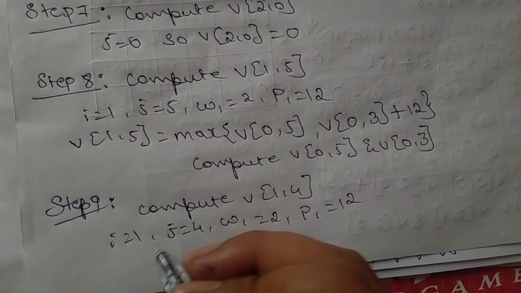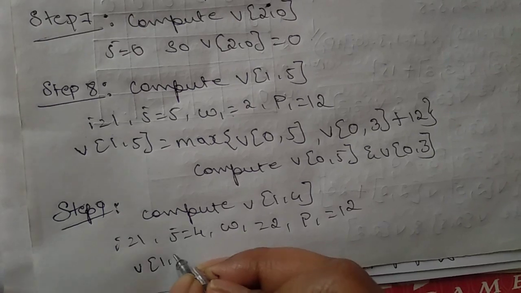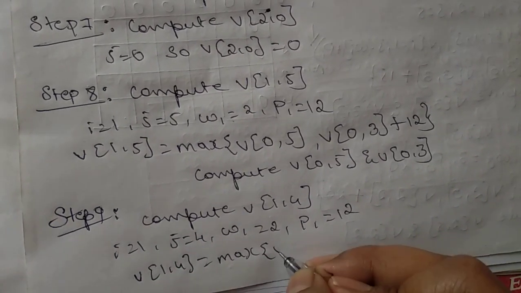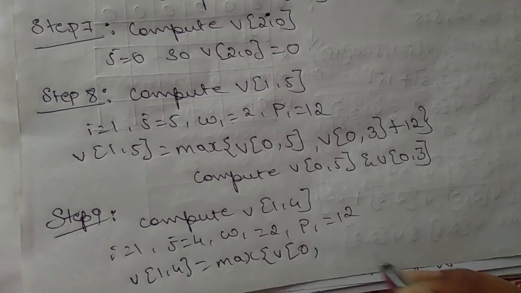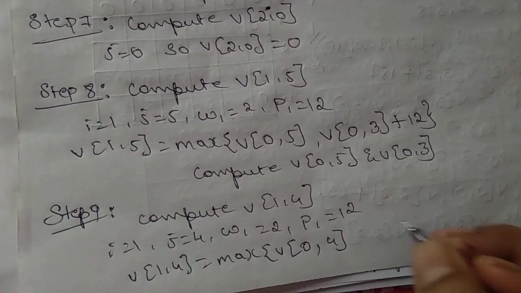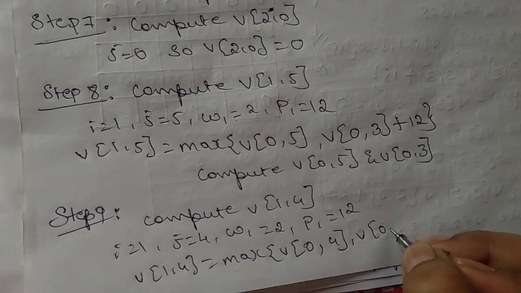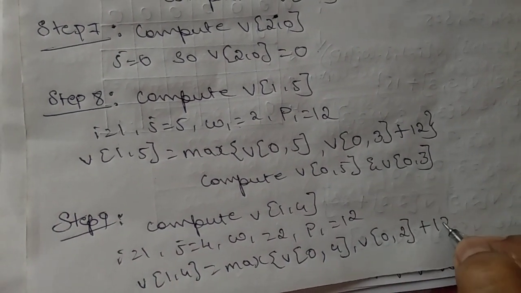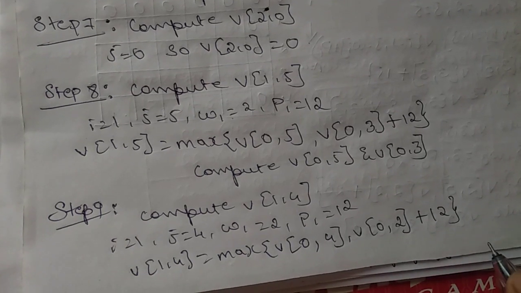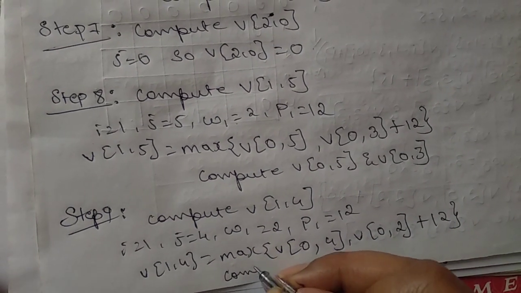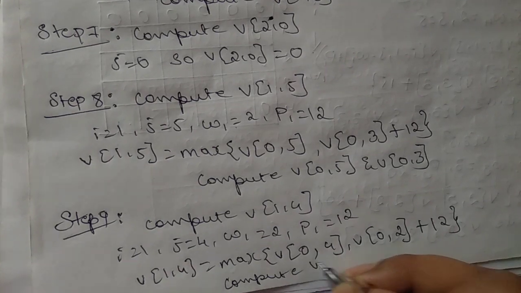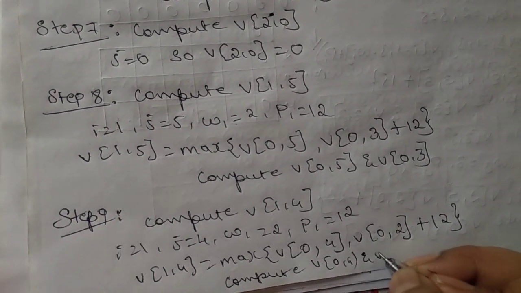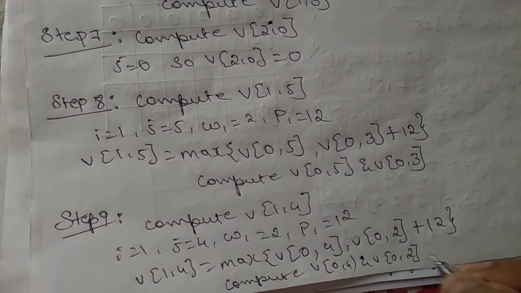Again w is less than j, v of 1 comma 4 is equal to max of v of i minus 1, 0 comma 4, then v of 0 comma 4 minus 2 is 2, plus 12. So you have to compute v of 0 comma 4 and v of 0 comma 2.